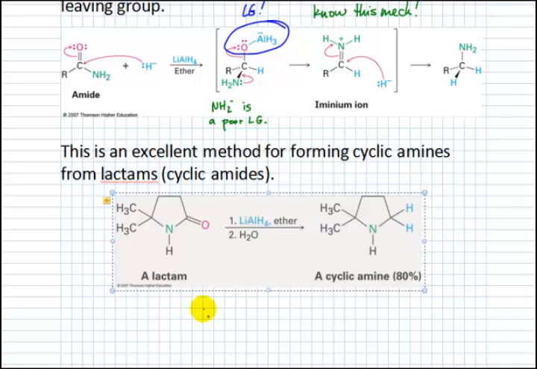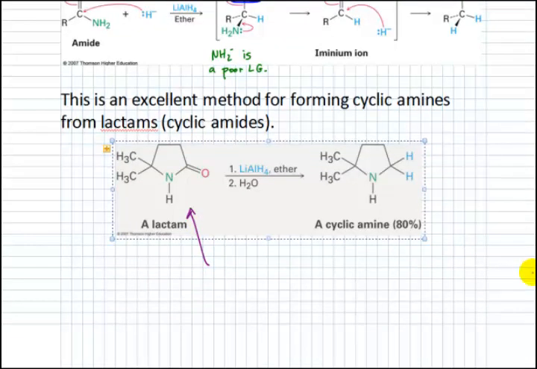I could envision making this lactam. Remember, since amides are formed from amines and acid chlorides, if I have an acid chloride and an NH2 in the same molecule, it'll do a ring closing reaction to make an amide, but since it's cyclic, it's called a lactam.